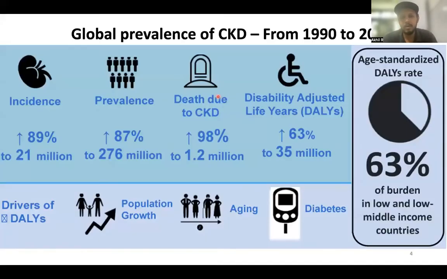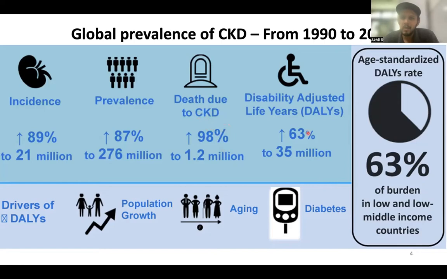Then we looked at the global prevalence of both diseases over the past 2 to 3 decades. If we see chronic kidney disease, its incidence and prevalence increased by more than 85% from 1990 to 2017. The death due to this disease has been more than 98%, owing to 1.2 million people suffering from this disease having died.